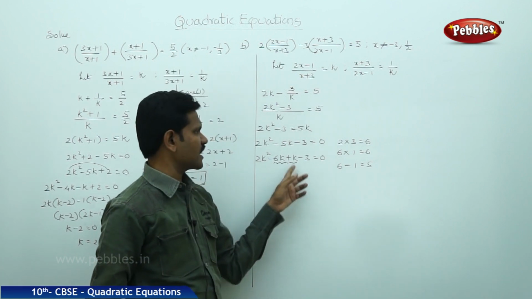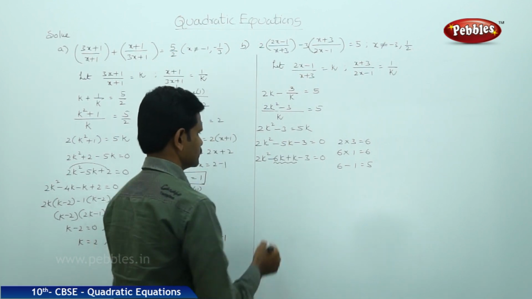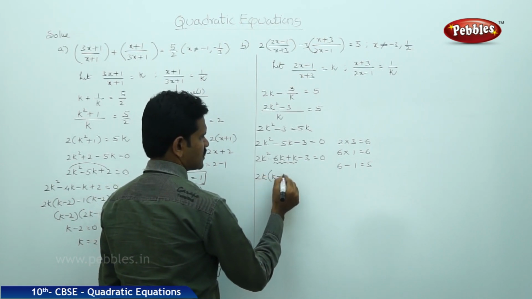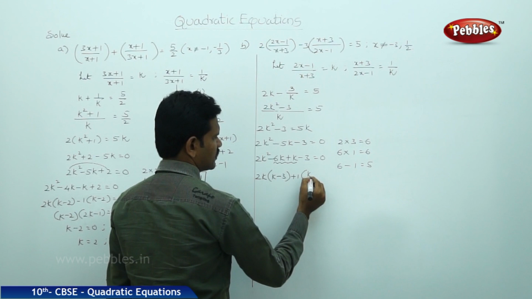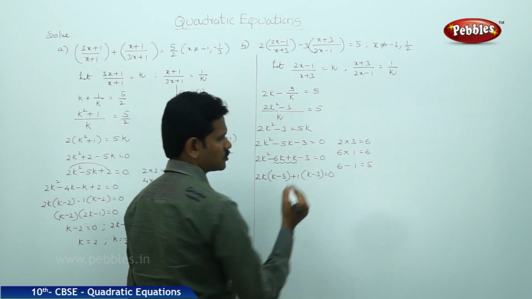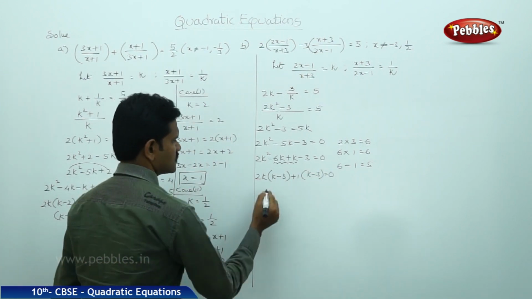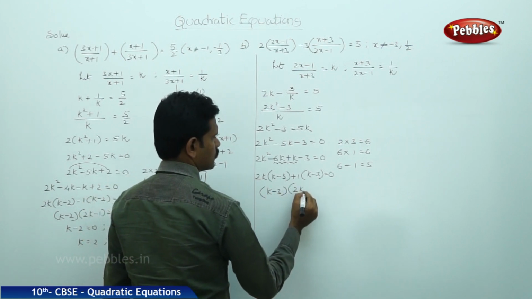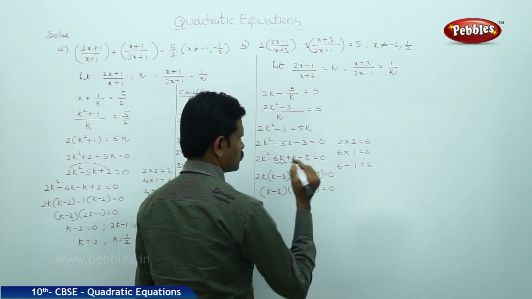Minus 6k plus k is minus 5k. That is, take 2k common, k minus 3, plus 1 common, k minus 3 is equal to 0. That is, k minus 3 is the one factor, 2k plus 1 is the other.